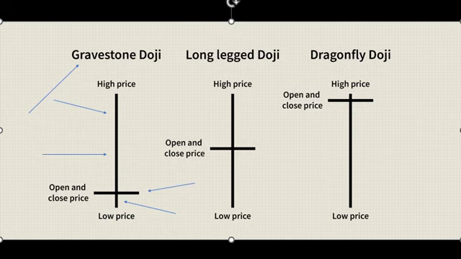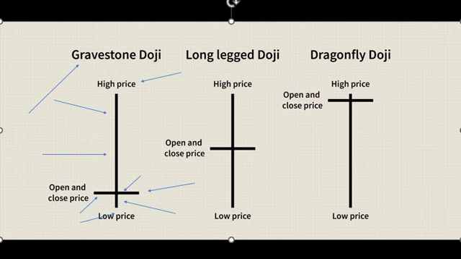This is the high price of the doji and this is the low price of the doji, as I marked here. This is the open of the doji and this is the close of the body. Open price and closing price.